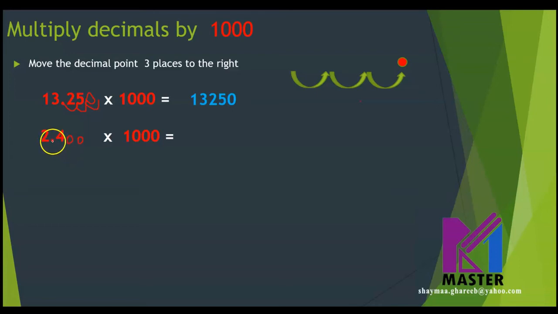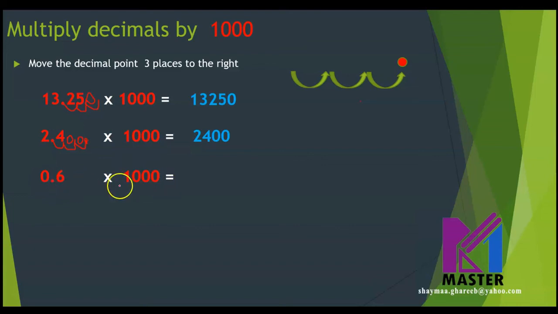So when I move it 3 places to the right, 1, 2, then 3. It will be at the end of the number here. So the number or the final answer will be 2,400. And notice that the 2 was in the ones place, it became in the thousandth place. So it is bigger by 3 places.